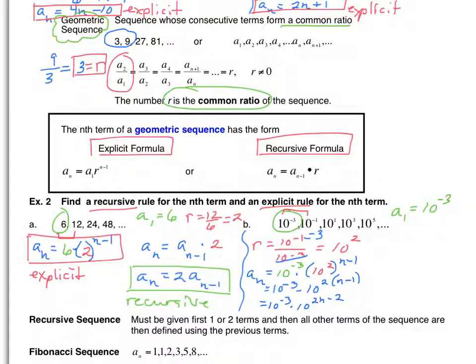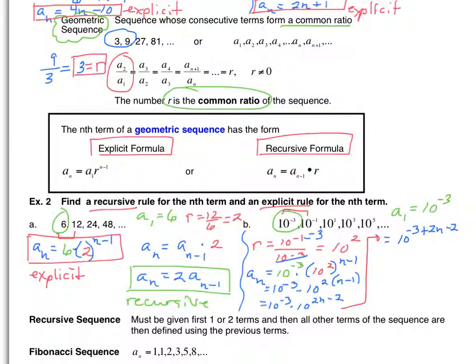I'm still not done because I have the same bases. So when I have the same bases and I'm multiplying like bases, what do you do with these exponents? You end up adding them. And so we're going to take this up here to the top. And this equals 10 to the negative 3 plus 2n minus 2.